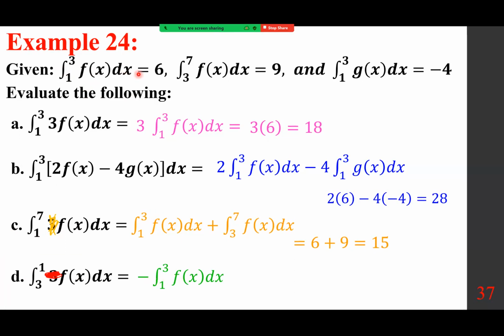So minus 6 is the answer. Very straightforward. I want to make sure that we understand what happened here. This one is not there. This one has a negative sign, minus f of x. That's what we have.